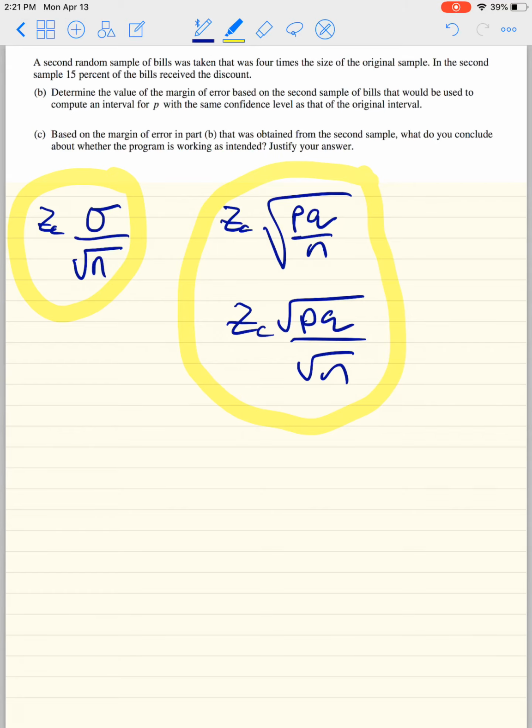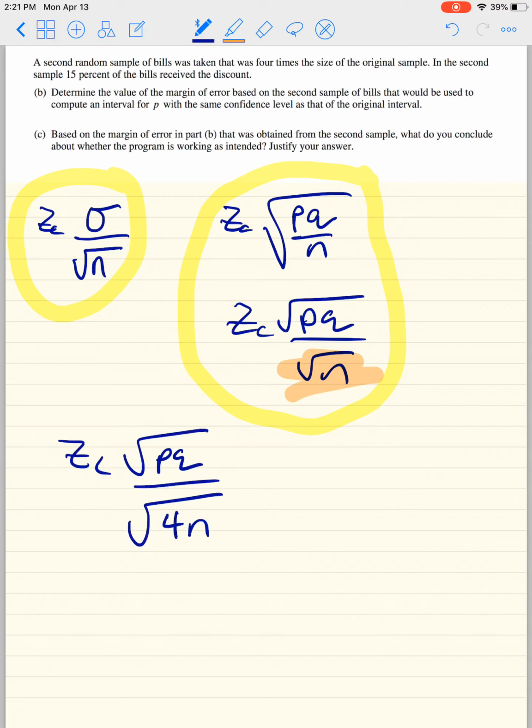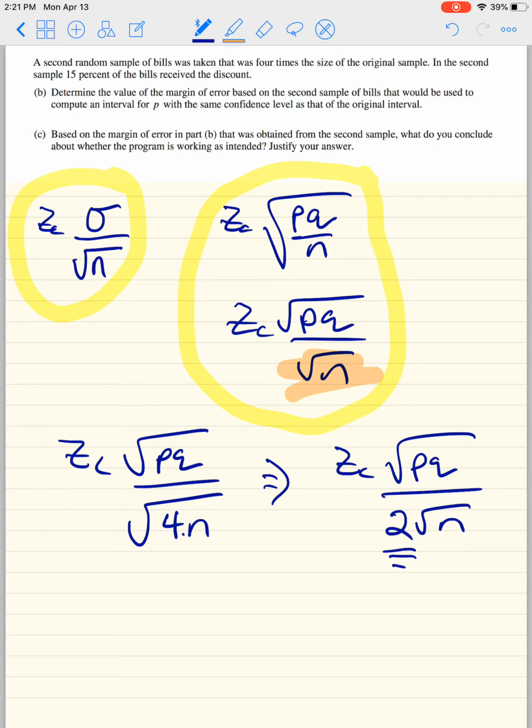Look at what I did here. I separated it. If I did z over, let's say, 4 times n, since this is a monomial, that's equivalent to the square root of 4 times the square root of n, which ends up being 2 on the bottom.